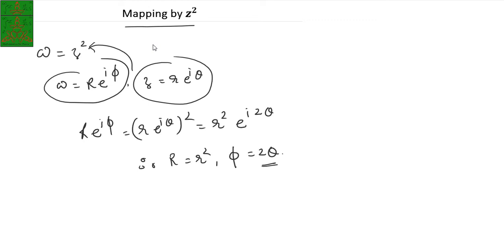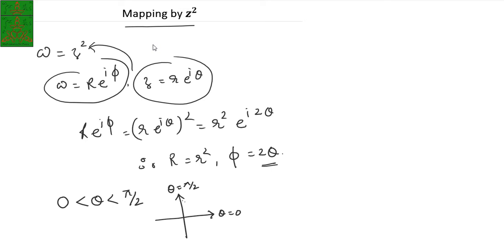For example, if you want to find out the image of theta belonging to 0 to pi by 2, what does it mean? Theta is 0 to pi by 2, that is this portion. This is theta equal to 0 and theta will be pi by 2 here.